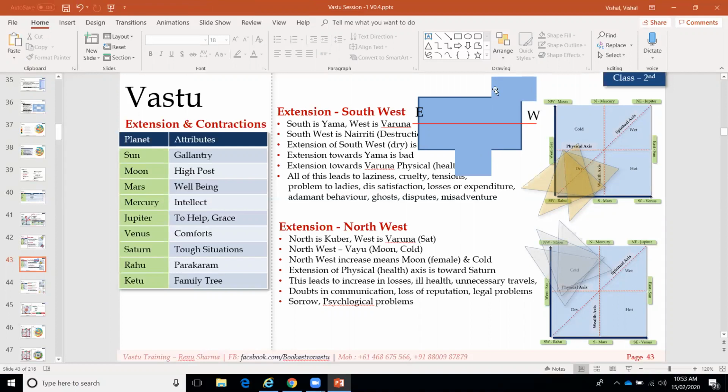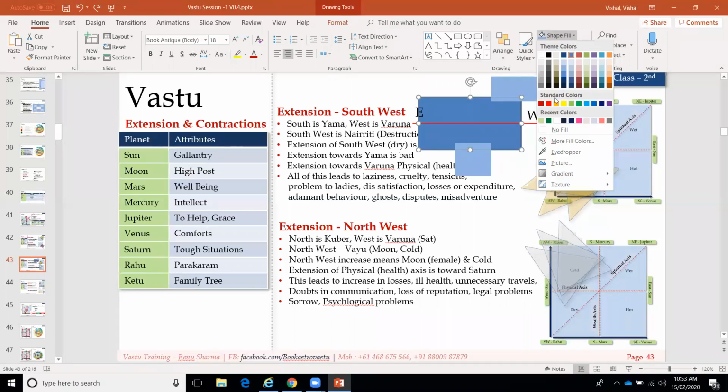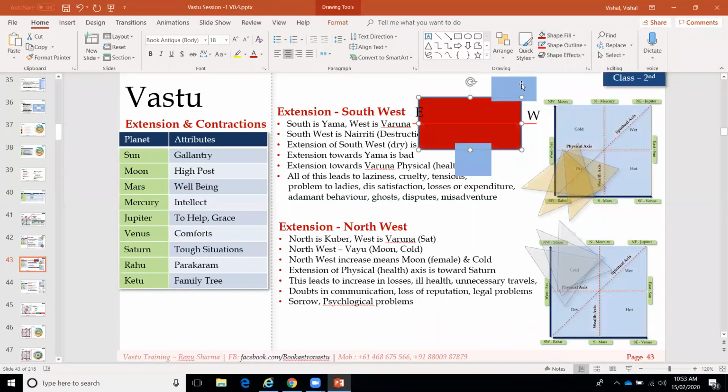And what contraction means is this. Contraction means I am taking away that property.